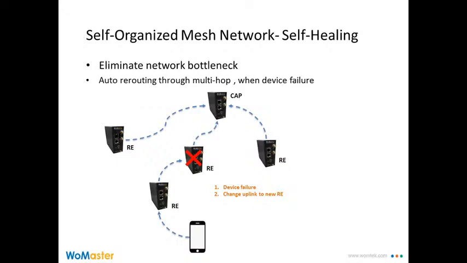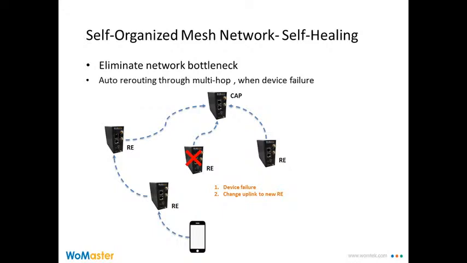The mesh network will coordinate a new path to access the CAP for the cell phone. Therefore, the cell phone can find the CAP by another path. It's automatic, so we call it self-healing.